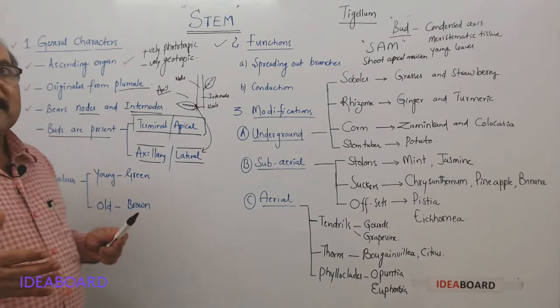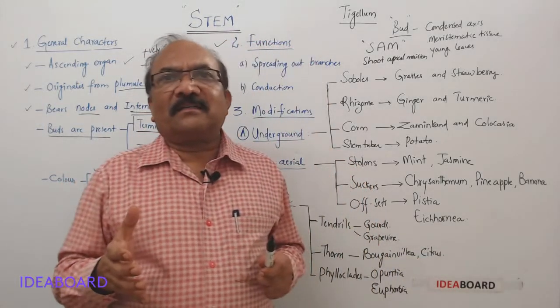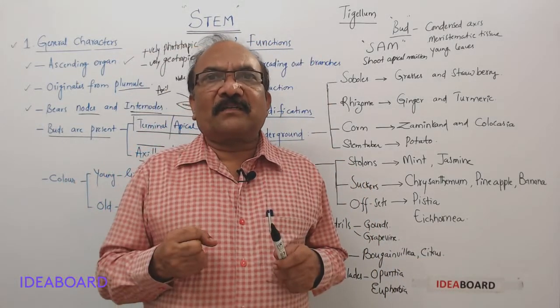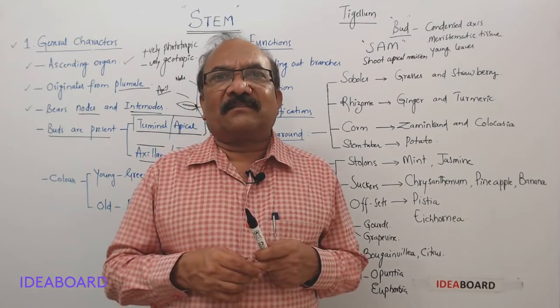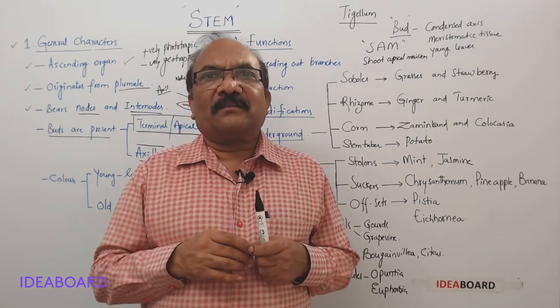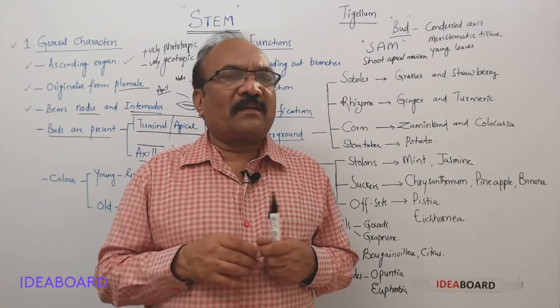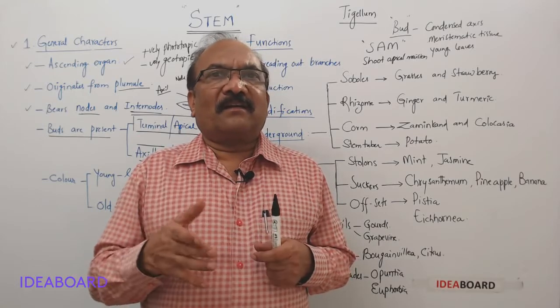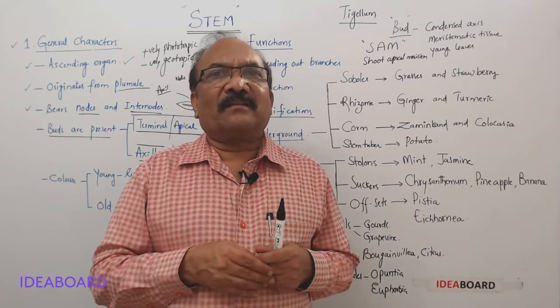Then what about the reproductive phase? On maturity, the plant starts producing reproductive organs, which are nothing but flowers. At the time of reproduction, the axillary bud may develop into a flower, or in some other plants, the terminal bud will develop into the flower.